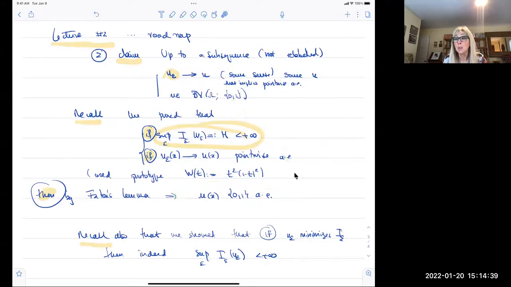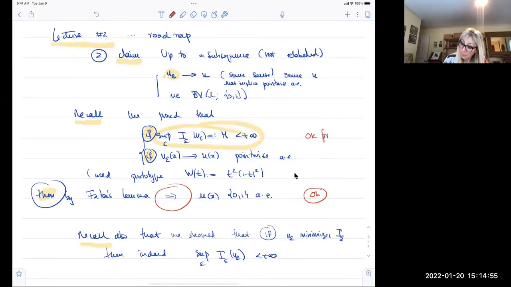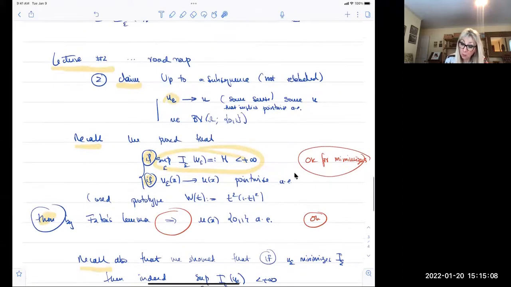So a lot of the work is done. We already proved this implication. So right now, this is what you need to prove.